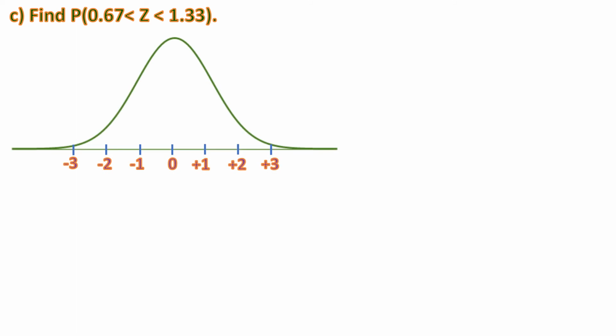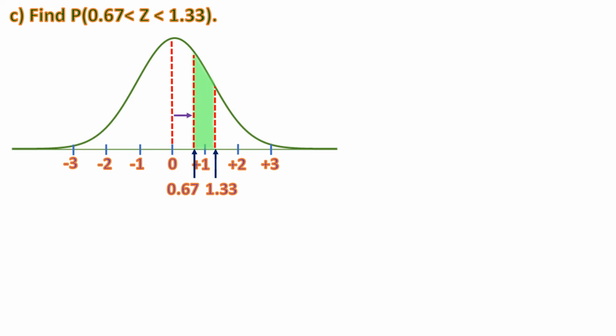And so let us plot this in the normal curve. 0.67 is in between 0 and 1. So let's put a line, and then for the z 1.33, it's in between 1 and 2. It's around here. So we're looking for the in between area. So we're going to shade the in between part, and let's put now the line for the middle. And so how to find now the area of this strip?